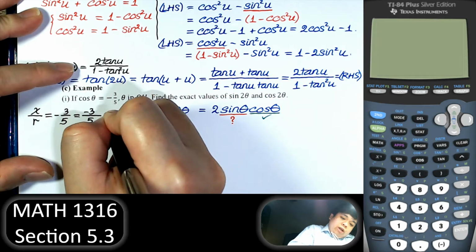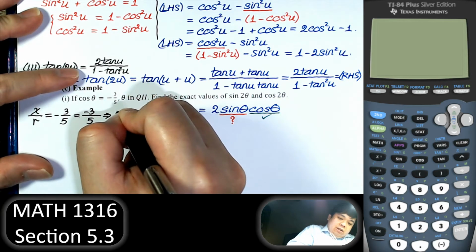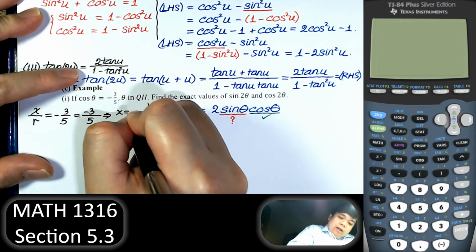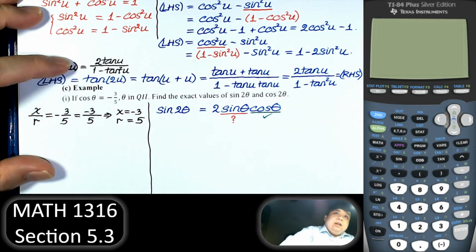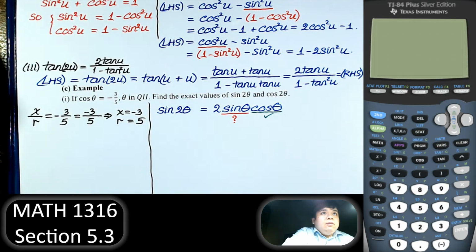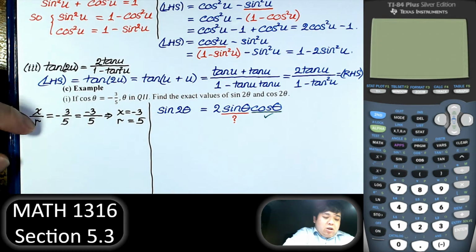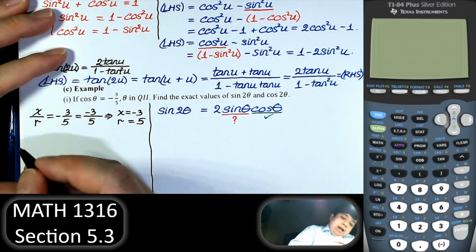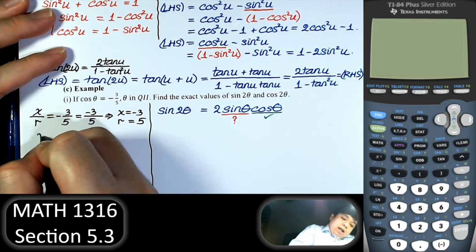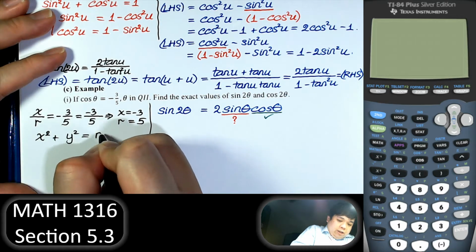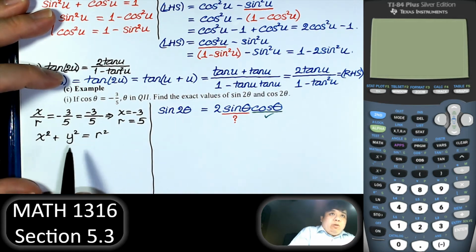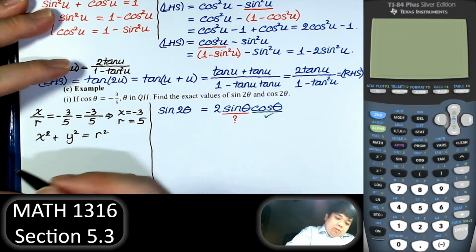So from here we have x equal to negative 3 and r equal to 5. Straightforward, right? Cosine is x over r. And then the Pythagorean theorem, x squared plus y squared equal to r squared, and we will solve for y squared.